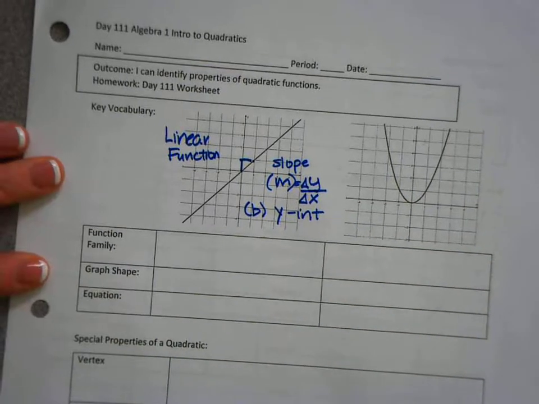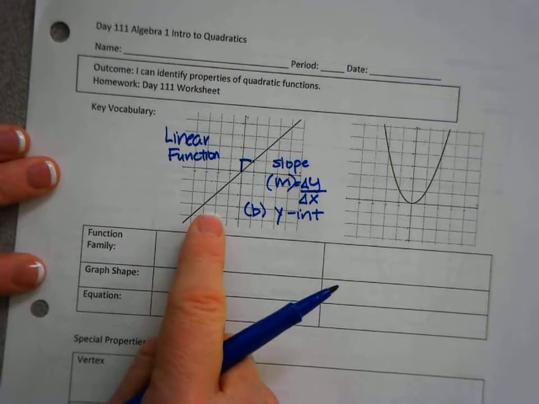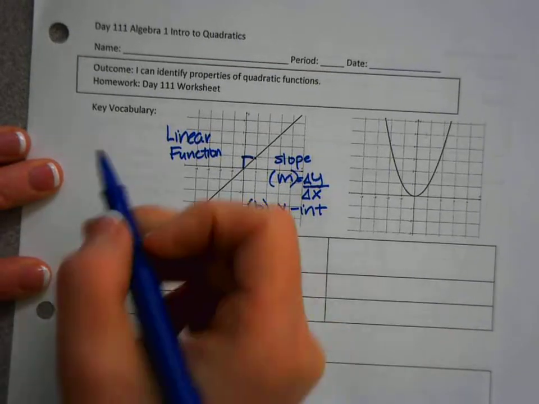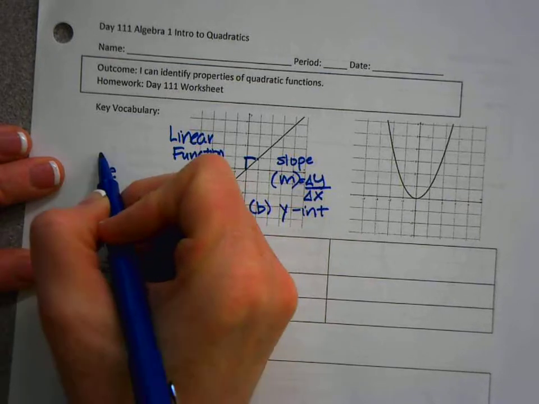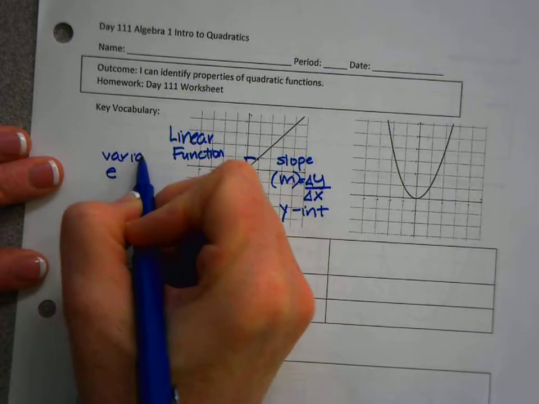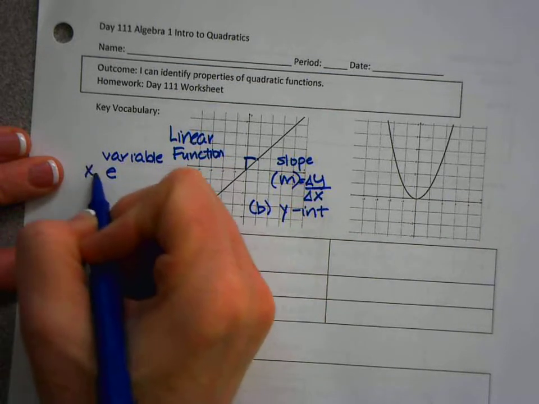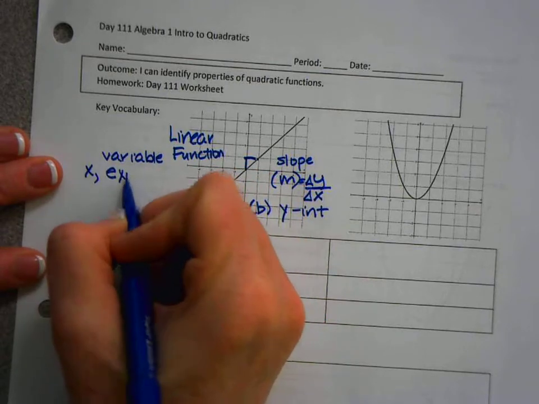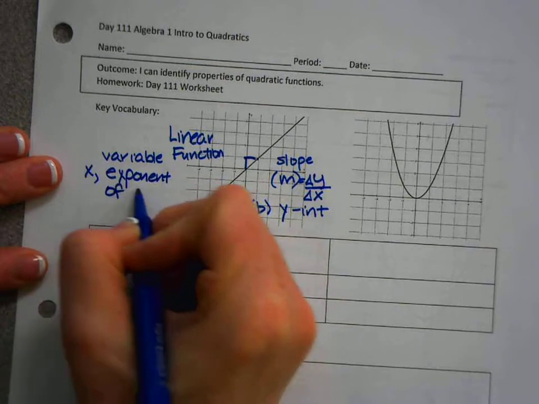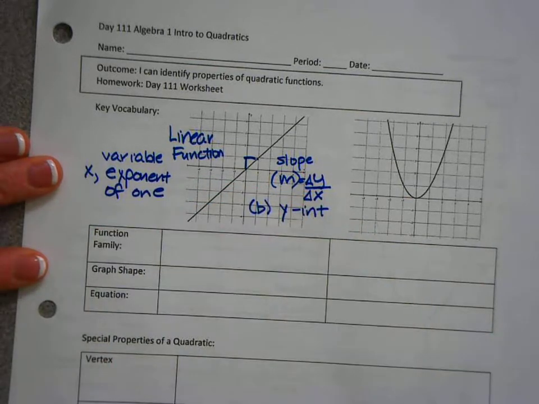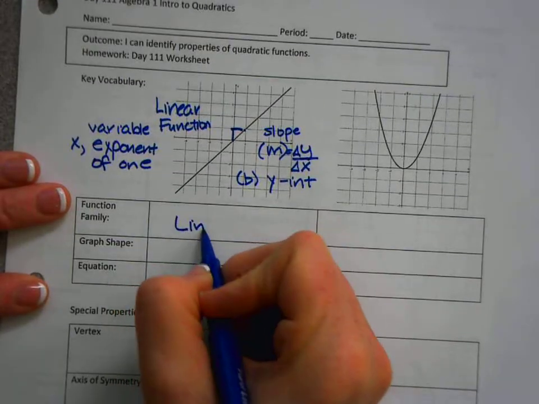And the one thing that you can identify a line by in an equation is that the variable x has an exponent of 1, the first power. So we call this the linear family.